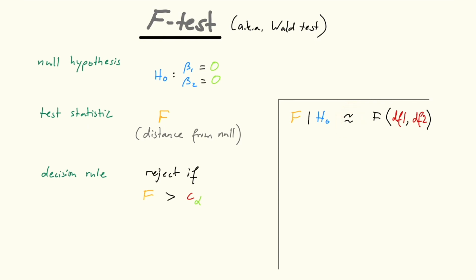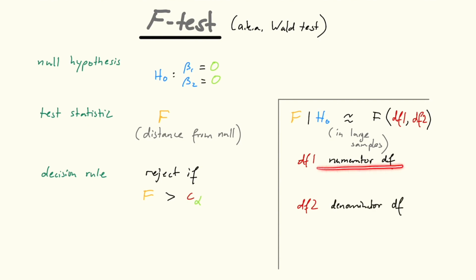This approximation holds in large samples. There are many different kinds of F distribution. df1 and df2 are shape parameters that tell us exactly what kind of F distribution is the relevant one. df1 is also called the numerator degrees of freedom, and df2 is called the denominator degrees of freedom.